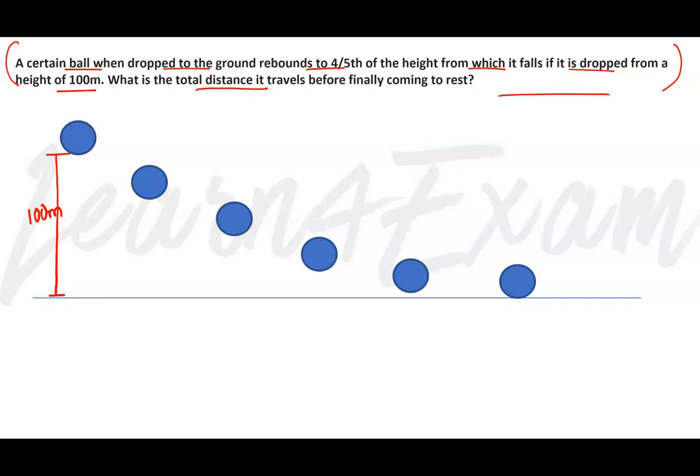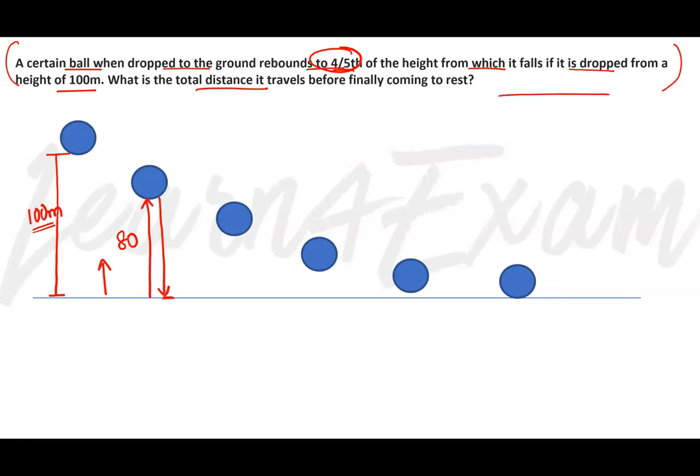Now the question says that after the ball hits the ground, it again jumps up, and this is equal to 4/5 of the previous distance. So if the first distance was 100 meters, then 4/5 of that would be equal to 80 meters. Now if the ball goes up 80 meters, it will come down 80 meters as well.